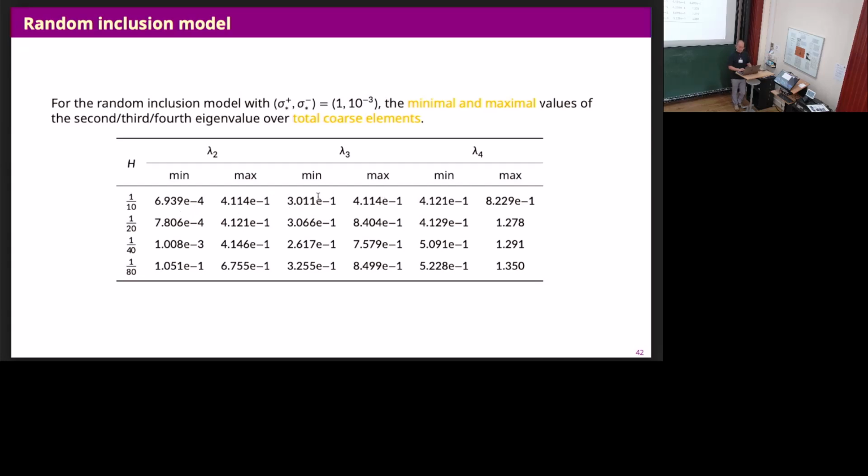But the rest of the eigenvalues are not small, and this means that you can skip those eigenfunctions. So the main point is that you have to include the eigenfunctions corresponding to small eigenvalues in order to have a robust bound, because this is related to this number epsilon.